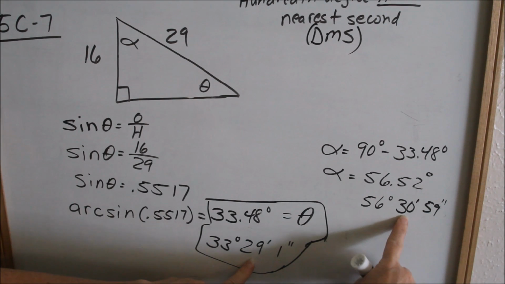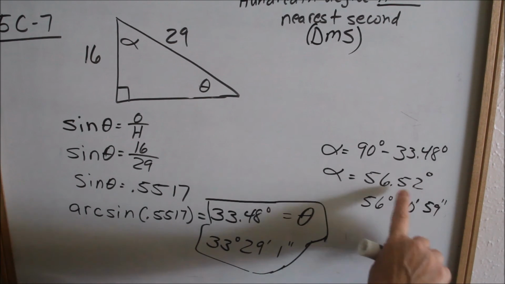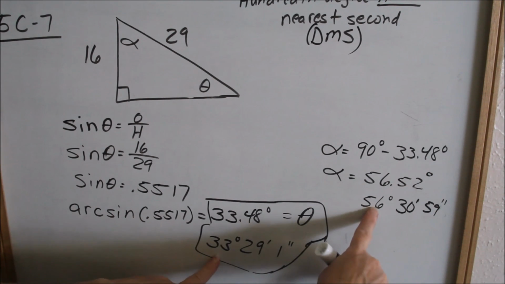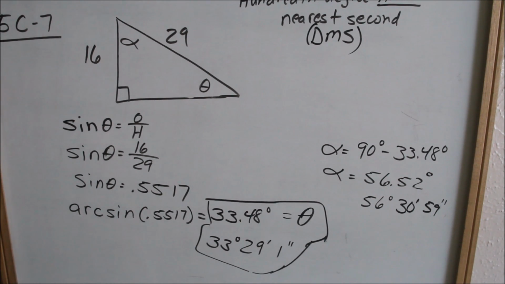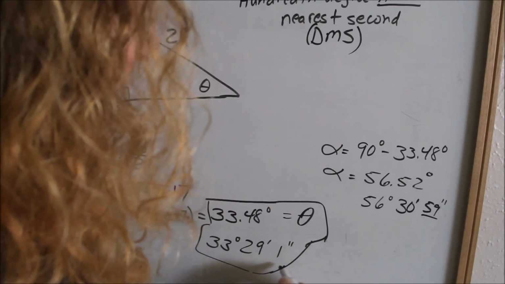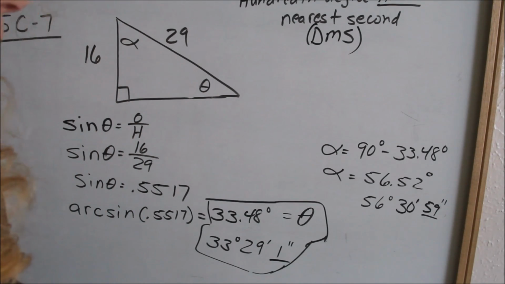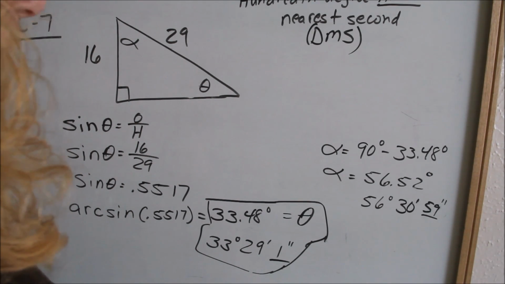Then 30 and 29 is 59, and adding this minute would be 60 minutes, and that would add up to exactly 90 degrees. I'm not as concerned if you're off from rounding on the seconds, but I am concerned that they add exactly to 90 degrees.